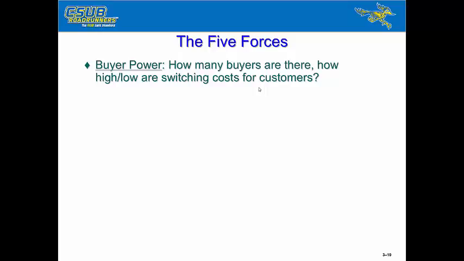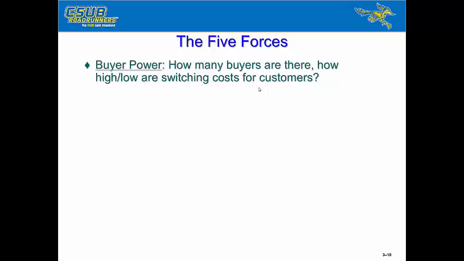So in general, the fewer buyers there are, the more power each of those individual buyers has. The more buyers there are, the less power those buyers have. However, if it's difficult to switch from one product to another, buyers tend to have less power, even if they are small in number.